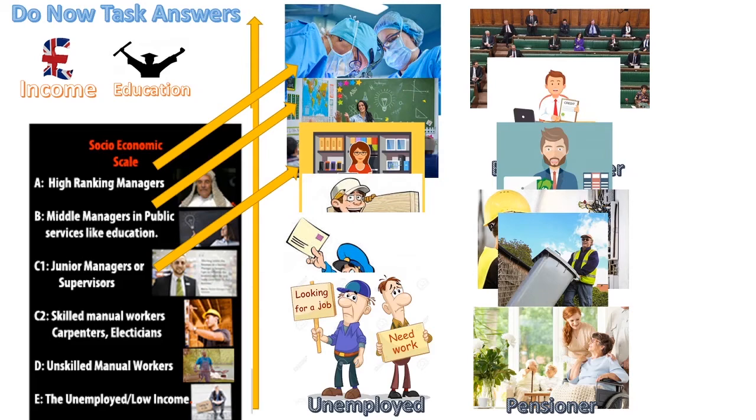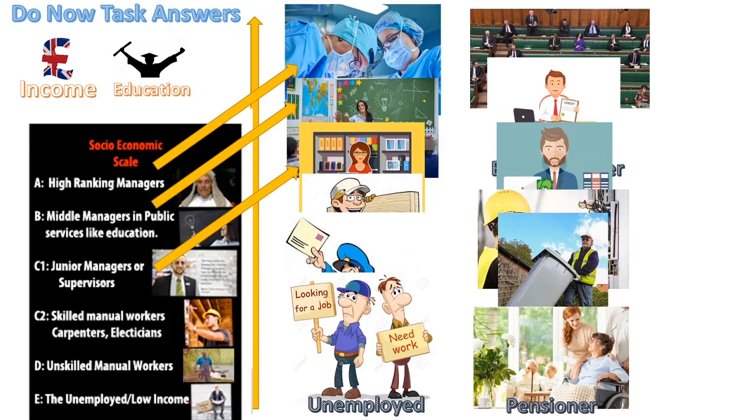Now, this group ABC1 generally has a higher than normal disposable income, so they're able to spend their money on hobbies and pastimes and buy things and invest in things that, some would argue, enrich their life. So if people have got money to spend, then advertisers are more willing to advertise towards them because they know that they can influence their buying habits.